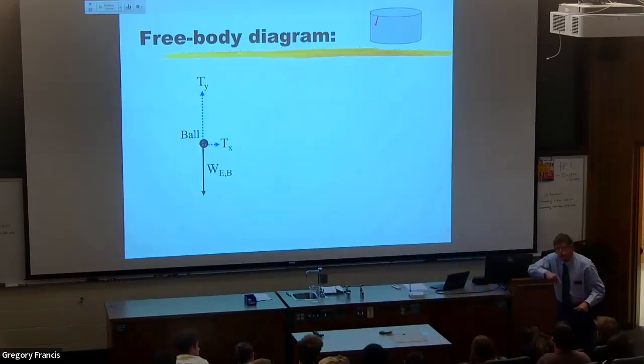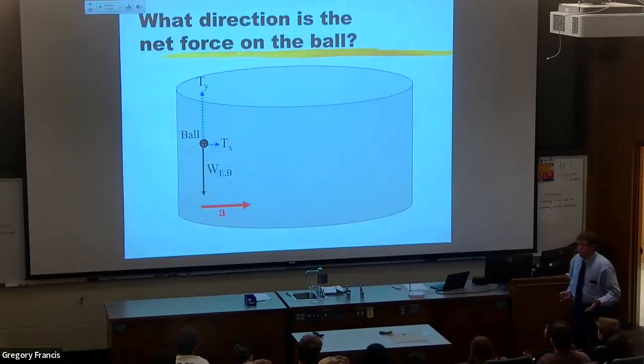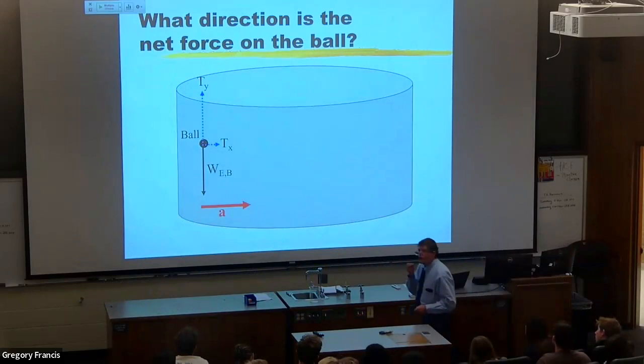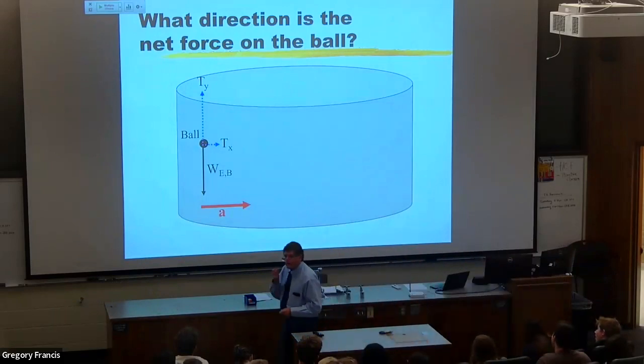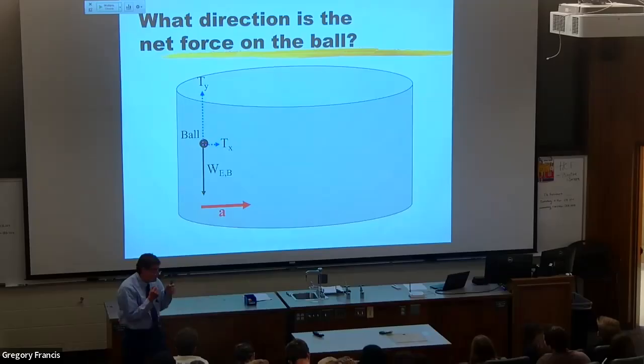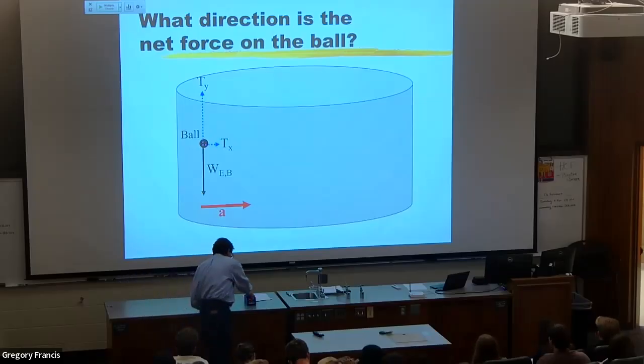Well, yeah, because we know that something going in a circle has acceleration towards the center of the circle. And the acceleration is caused by the net force. So that means if I've got acceleration towards the center, my net force has to be towards the center. But wait a minute, Greg.